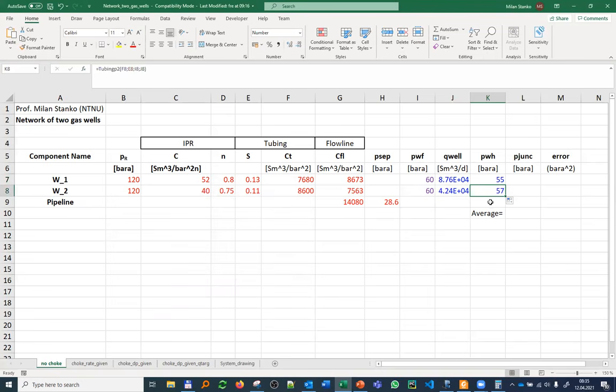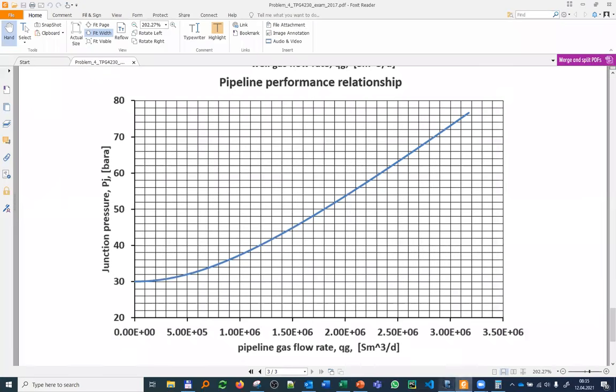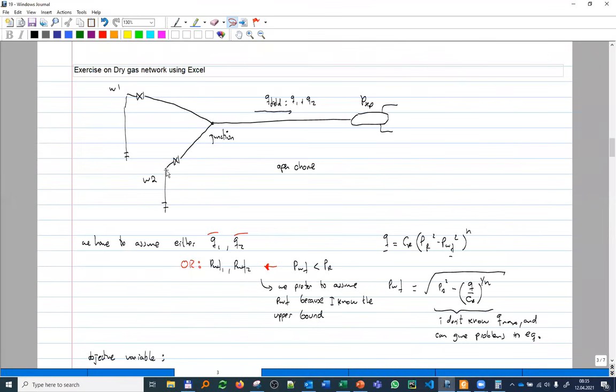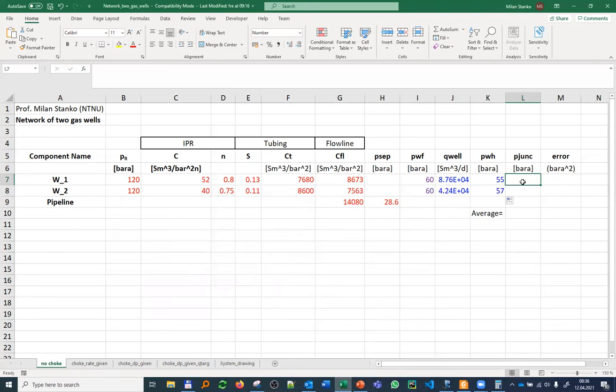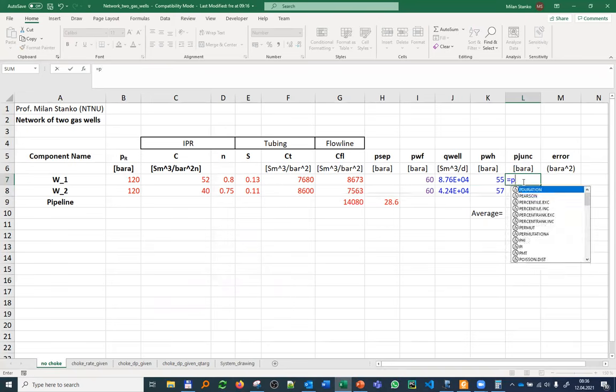Then we calculate the pressure at the junction. That means I'm moving now from here, I'm going to say fully open choke, and then I calculate the pressure here. That means wellhead pressure plus this flow line. This flow line we're going to assume is horizontal, and we can use our flow line equation, P2.